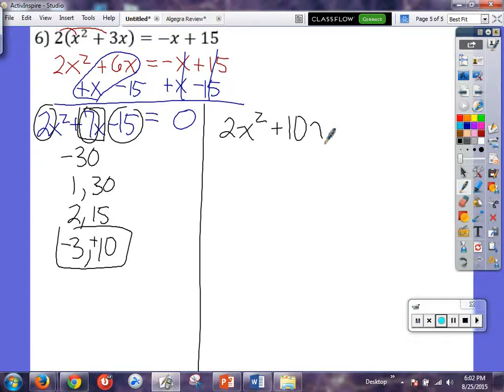Plus 10x minus 3x, okay, minus 15. The reason why I put the 10 first is because I see how 2 goes into 10 and how 3 goes into 15. Either way, you can do it in any order you want. It'll work if you put the negative 3 first as well. Okay, it'll still work.